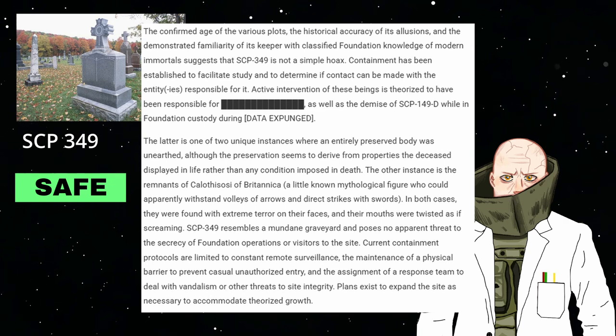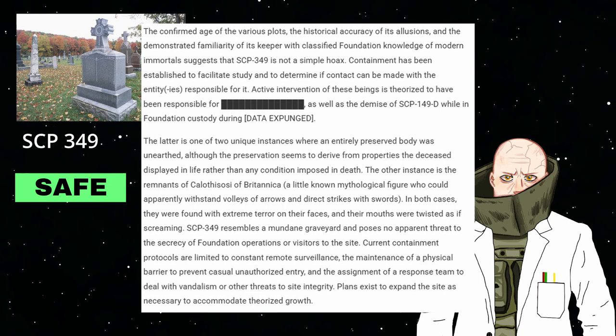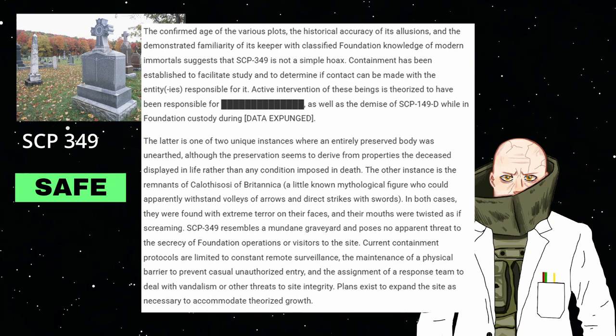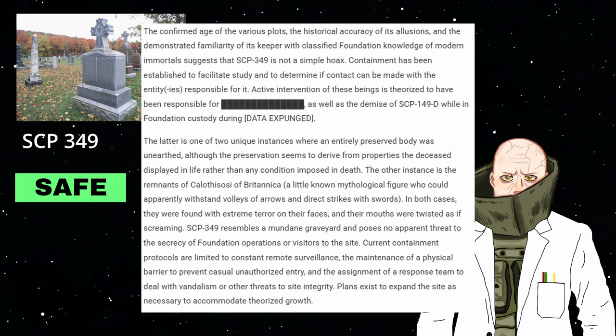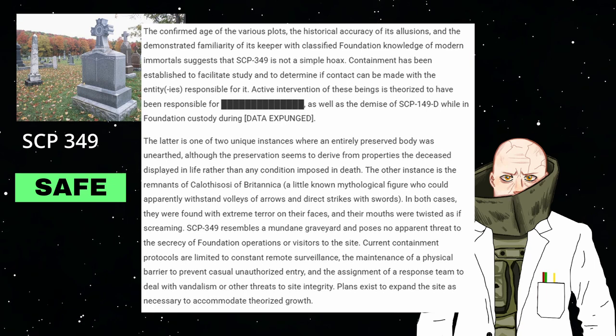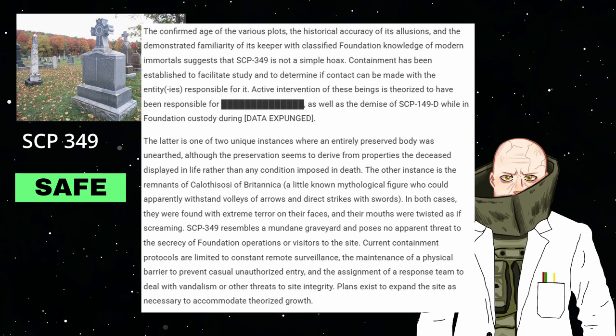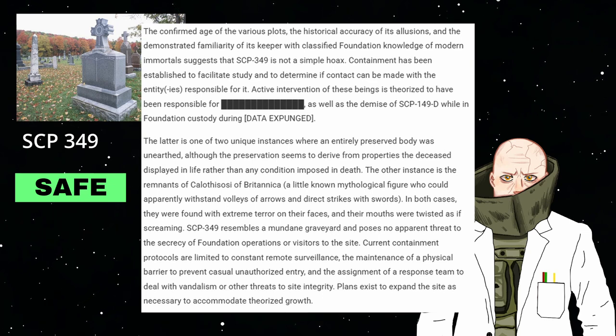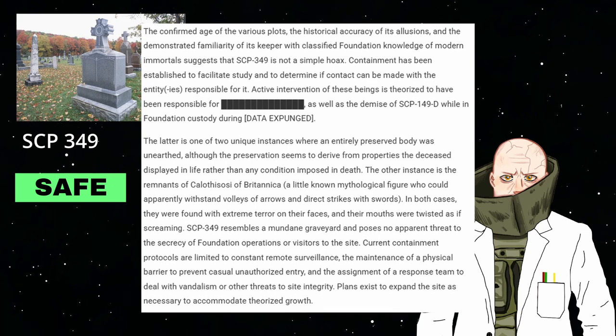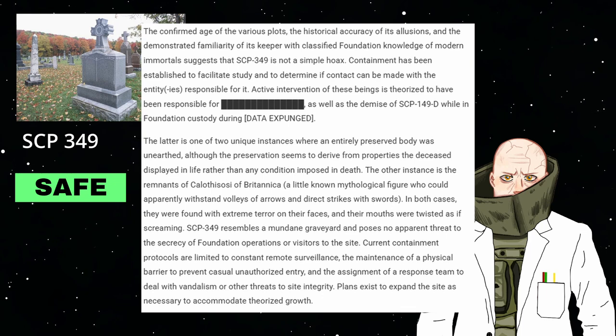Although the preservation seems to derive from the properties the deceased displayed in life rather than any condition imposed in death, the other instance is the remnants of Calophysosi of Britannica, a little-known mythological figure who could apparently withstand volleys of arrows and direct strikes with swords.